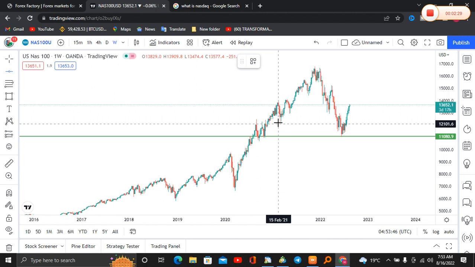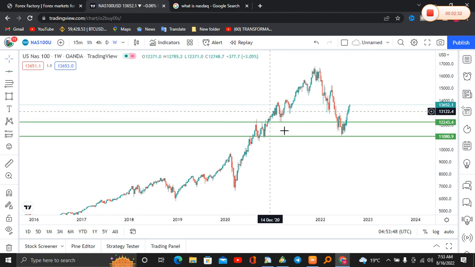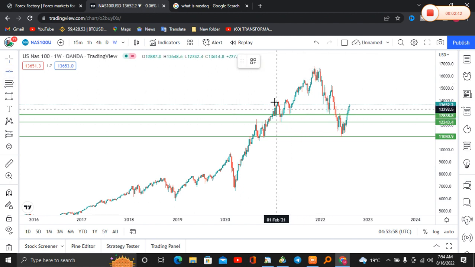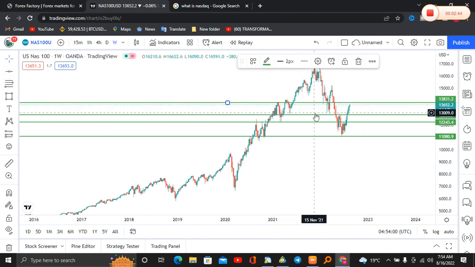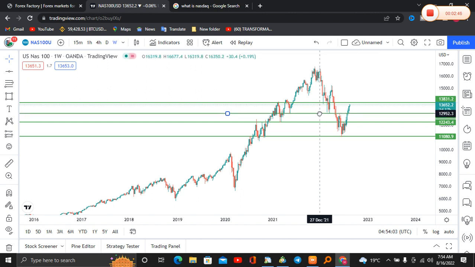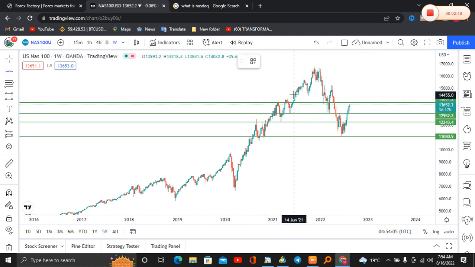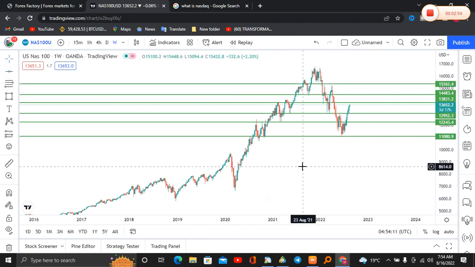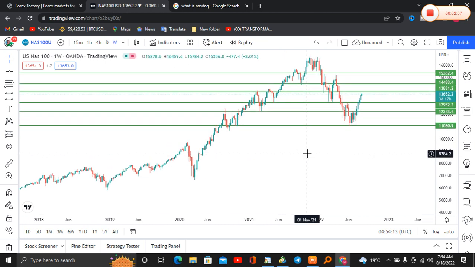That clearly indicates that that level is a major level. You can also see this resistance. This was support. Also have this and this. Now I think these levels are enough for the moment.